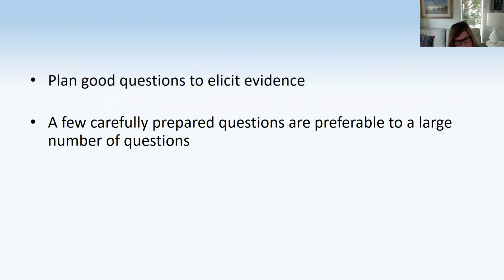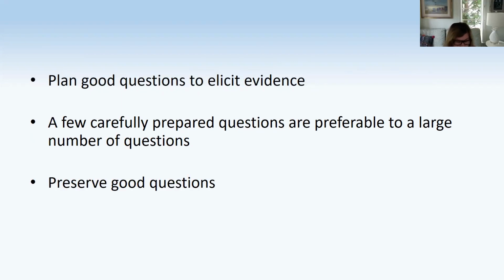So really think about the learning tasks that the students are going to be engaged in and what kinds of questions you can use in combination with those tasks that are really going to give you insights into their thinking, or the kinds of questions that you might want to ask at the beginning of the lesson to find out what kids are actually bringing to the learning that day.